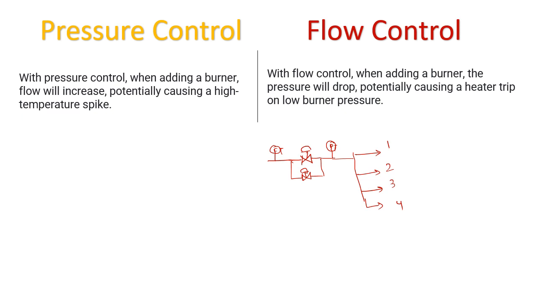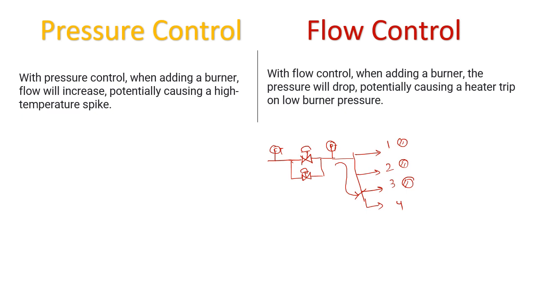Now, when adding another burner with pressure control, say suppose at a time burner 1 and burner 2 are going on, and burner 3 and burner 4 are off, right? So if you try to turn on burner 3 also, then the gas will go into burner 3. So what will happen? The pressure will reduce, right?